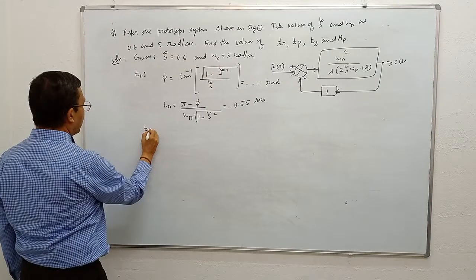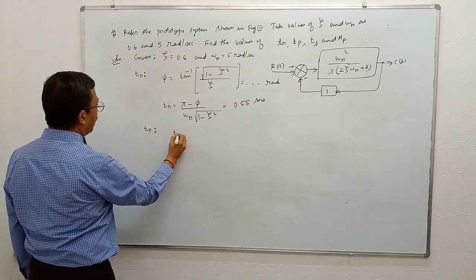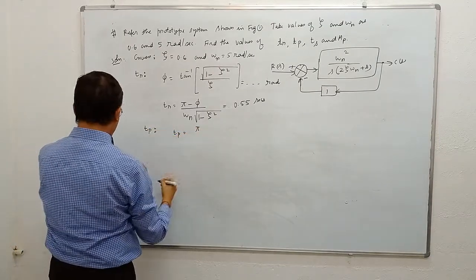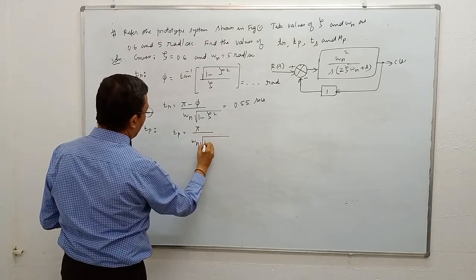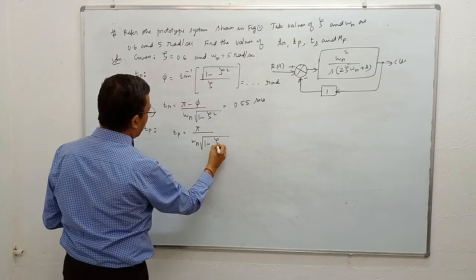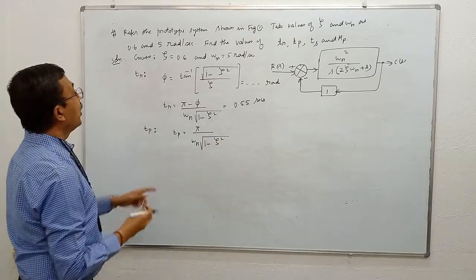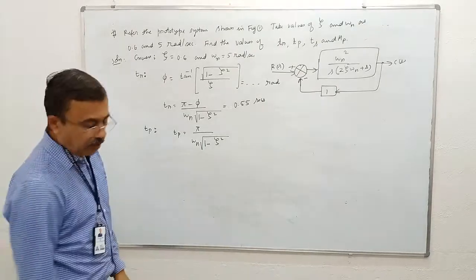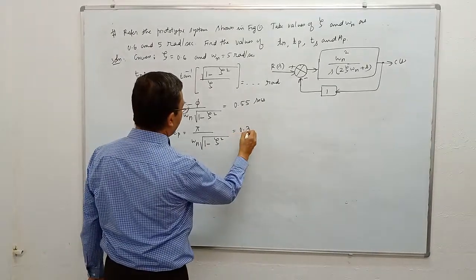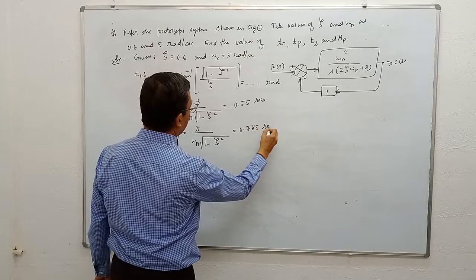Next we go to peak time. The formula for peak time is Tp is equal to pi divided by omega n into square root of 1 minus zeta square. Omega n value is 5, zeta value is 0.6. Substitute. You should get the answer 0.785 seconds.